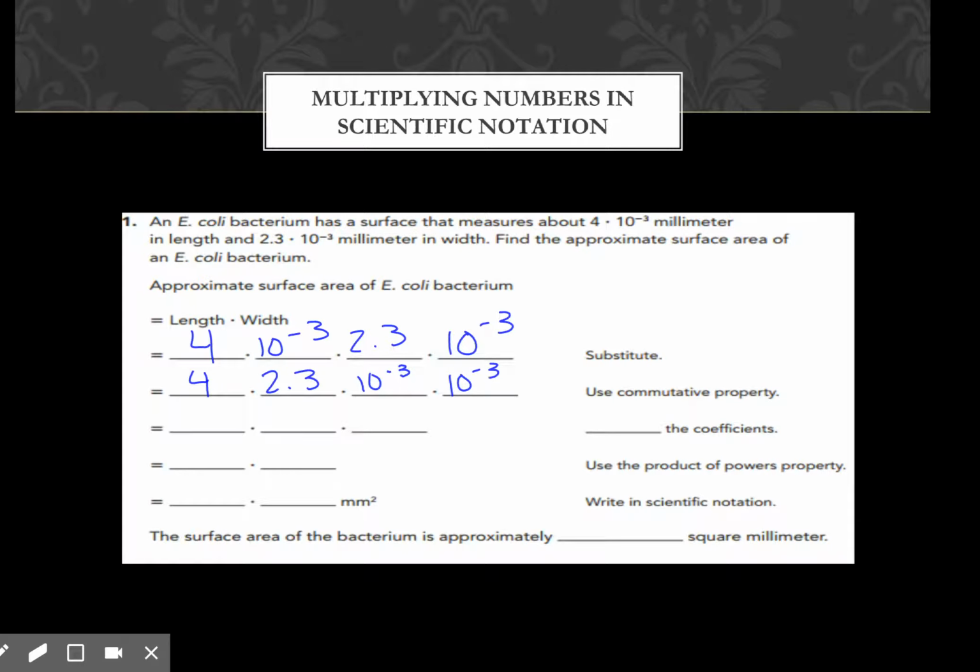Now we're going to multiply our coefficients. 4 times 2.3 is 9.2, times 10 to the negative third times 10 to the negative third. Since 9.2 is greater than 1 and less than 10, I'm going to leave it alone. So 9.2 times 10 to the negative third minus 3 would simply be 9.2 times 10 to the negative 6 power. Again, much simpler here than adding or subtracting.